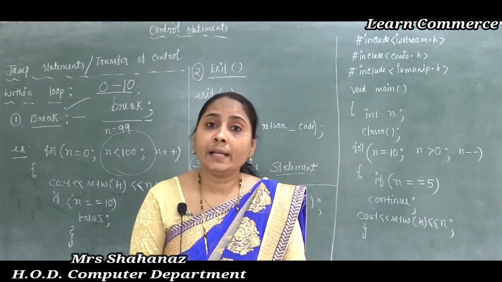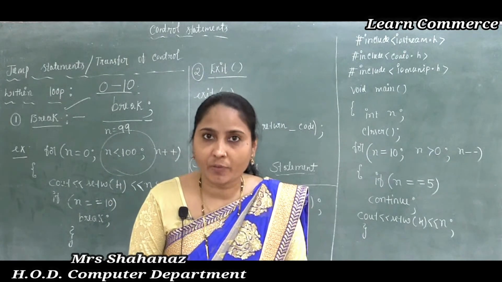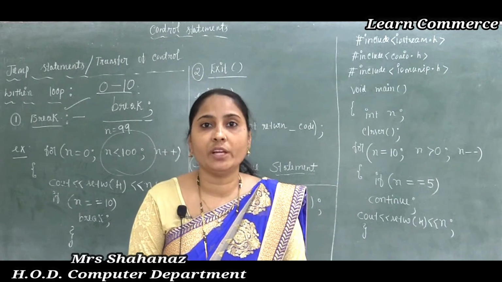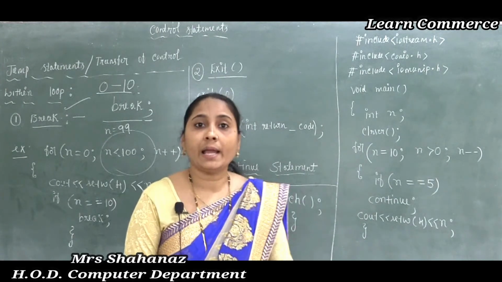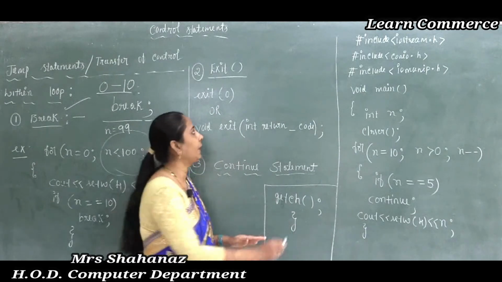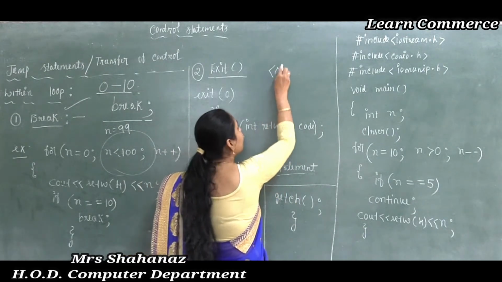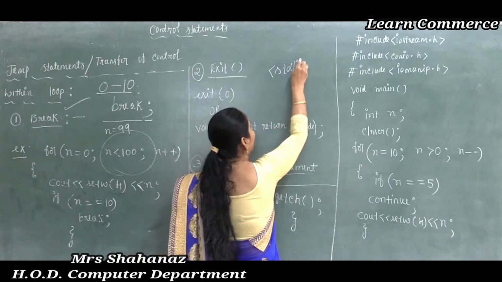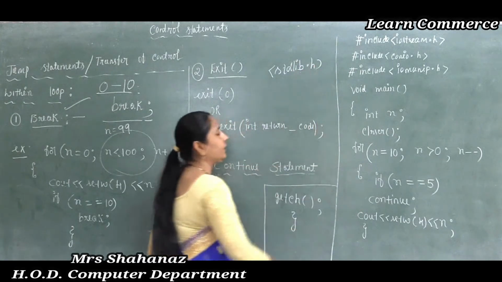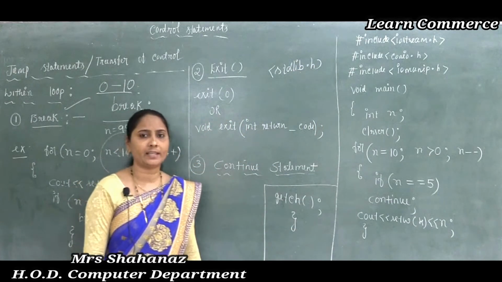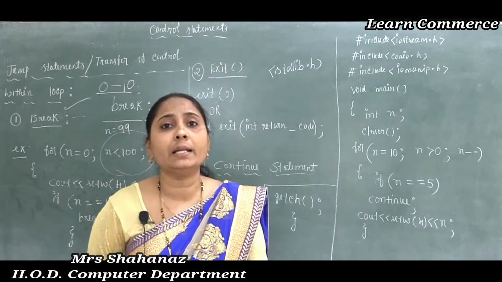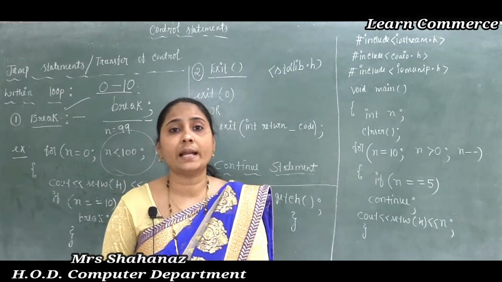And when you use the exit function in a program, we need to include the header file. The header file is stdlib.h. What's the full form of stdlib? The full form of stdlib.h is the standard library header file. Okay, standard library.